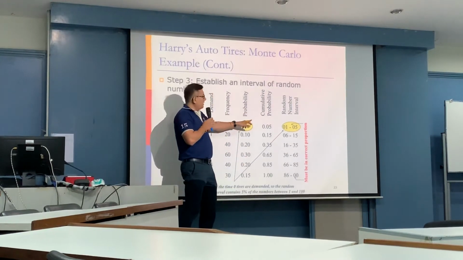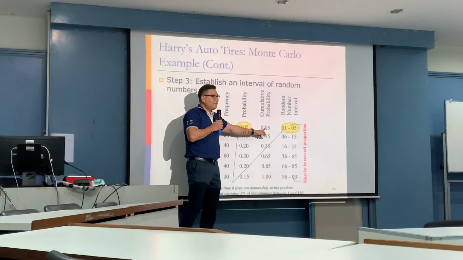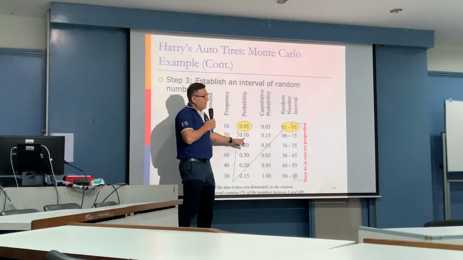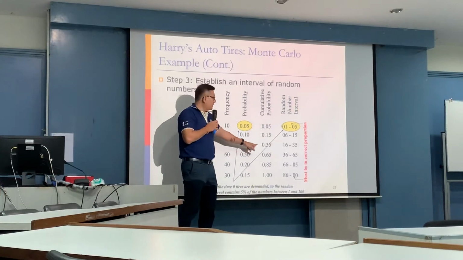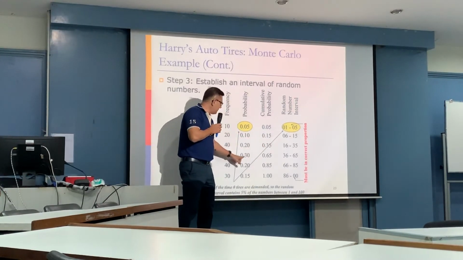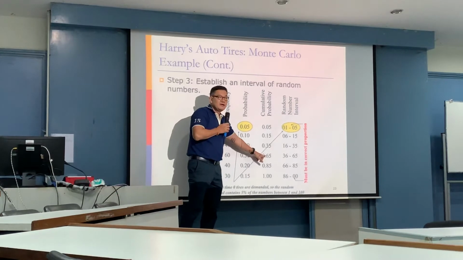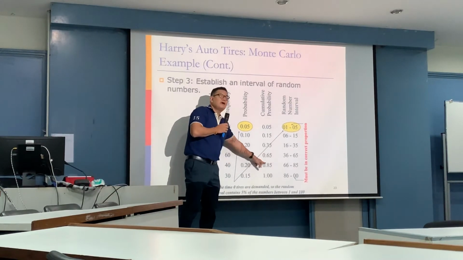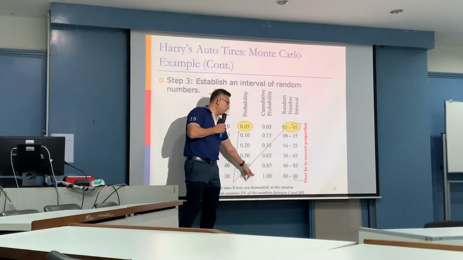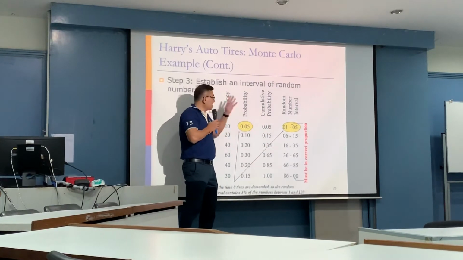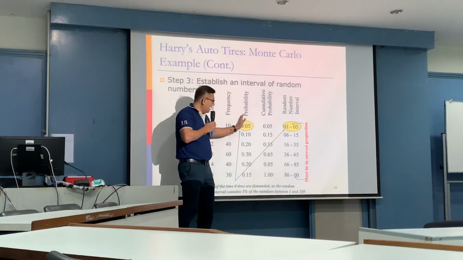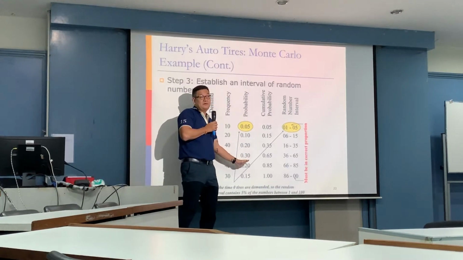Start with 0.05, and then 0.05 plus 0.1, we have 0.15. 0.15 plus 0.2, we have 0.35, 0.35 plus 0.3, we have 0.65, 0.65 plus 0.2, we have 0.85, and 0.85 plus 0.15, we have 1. So this is the cumulative of the distribution. You just accumulate the probabilities that we estimated in the previous step.